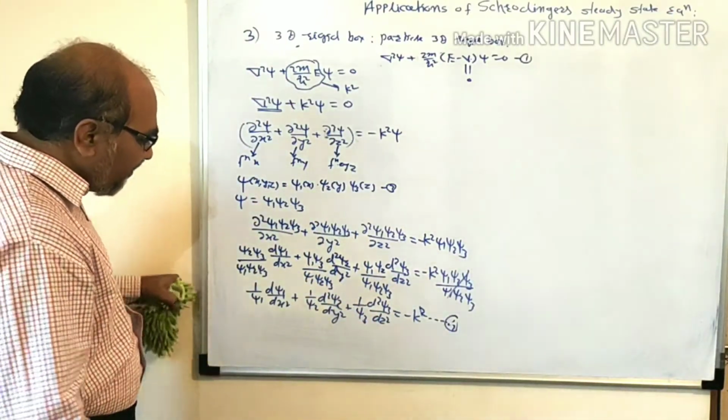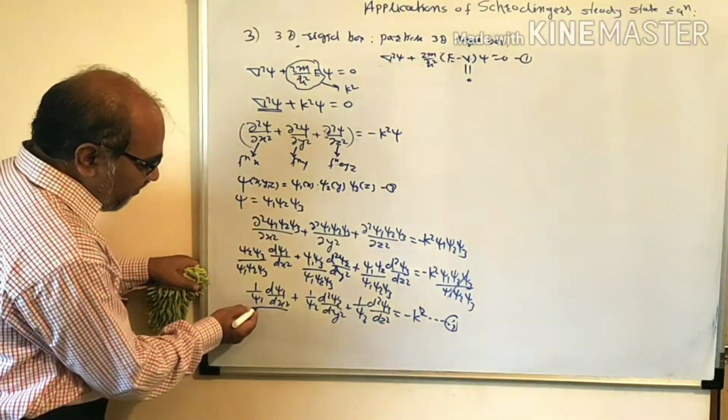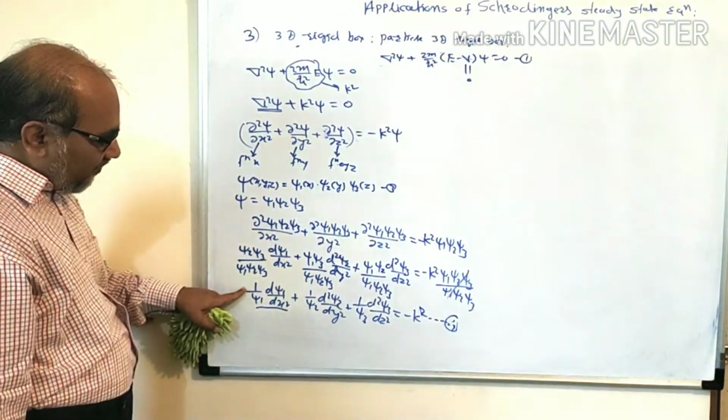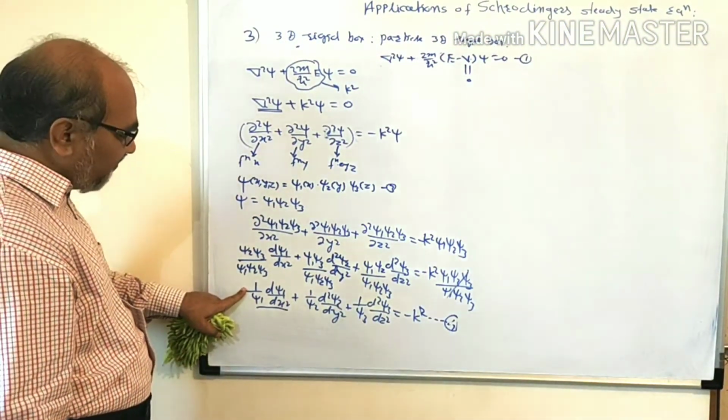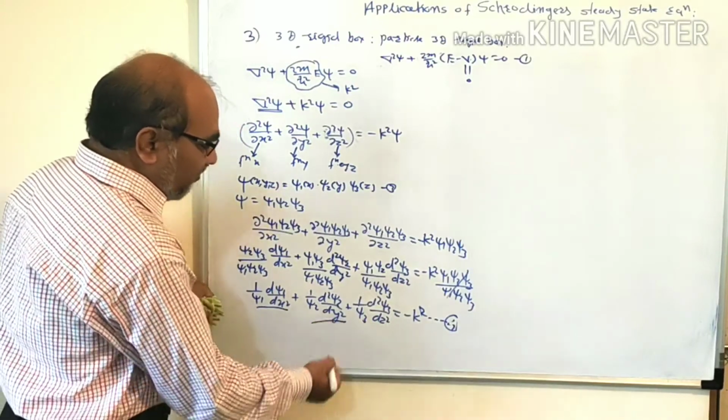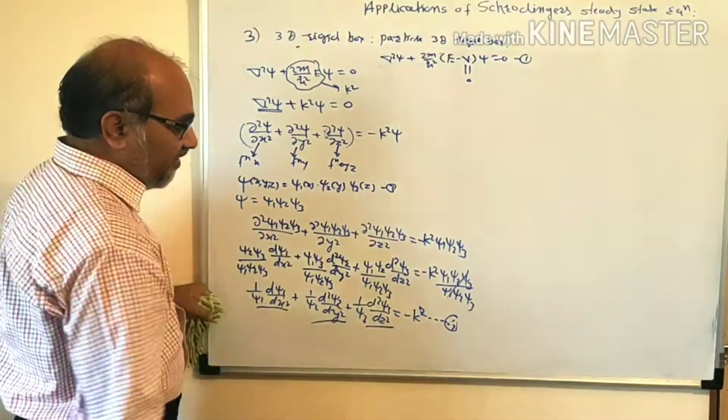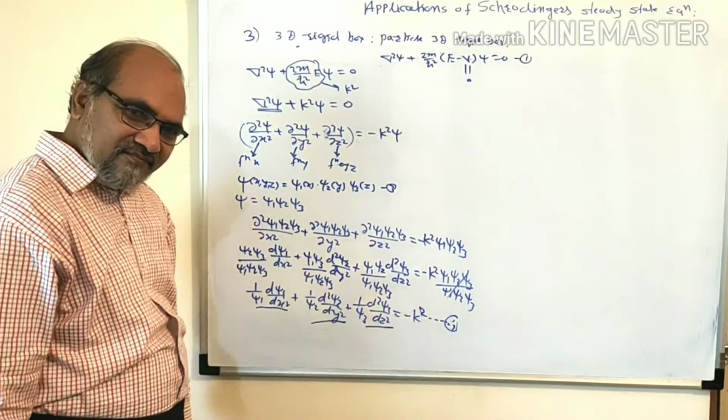So now it is a pure function. The first term is only a function of x, the second term is only a function of y, the third is only a function of z, equal to some constant.